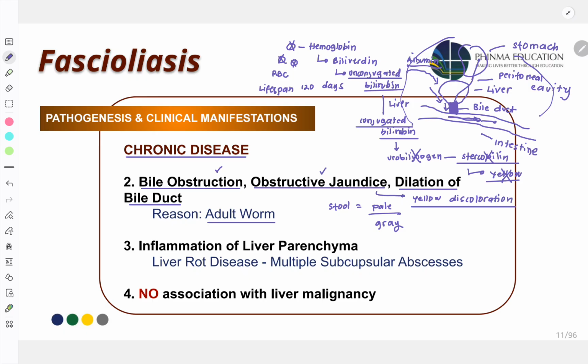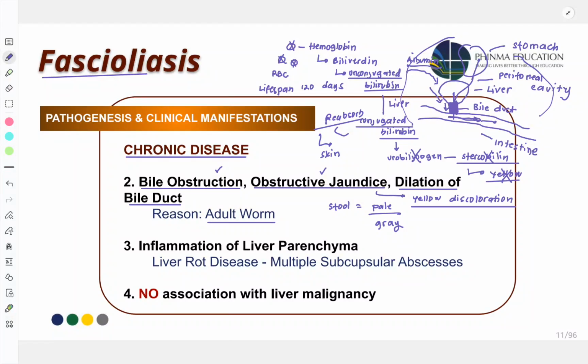It has yellow discoloration because the conjugated bilirubin was not released into the intestine. Instead it was reabsorbed into your blood and then deposited in your skin. Supposedly it passes through the bile duct and is released through the intestine. Since it has no way through, because the bile duct was obstructed by your Fasciola, it was reabsorbed into the blood and then deposited into the skin instead.